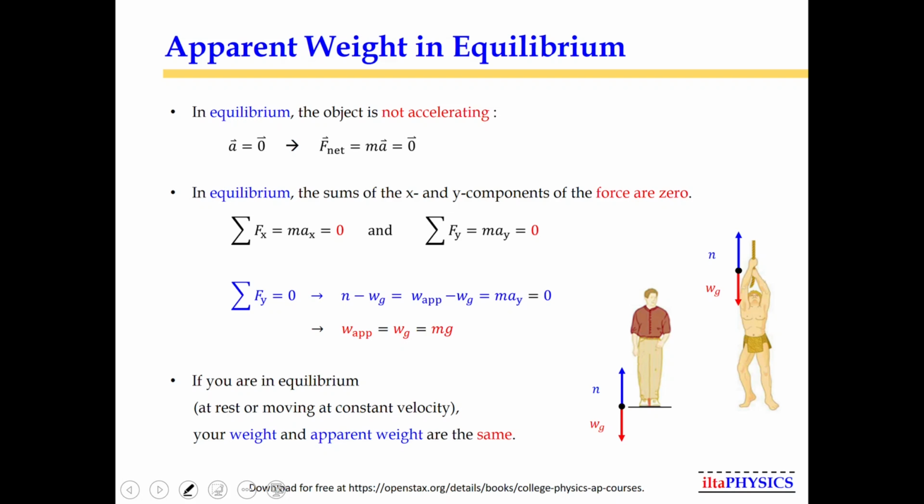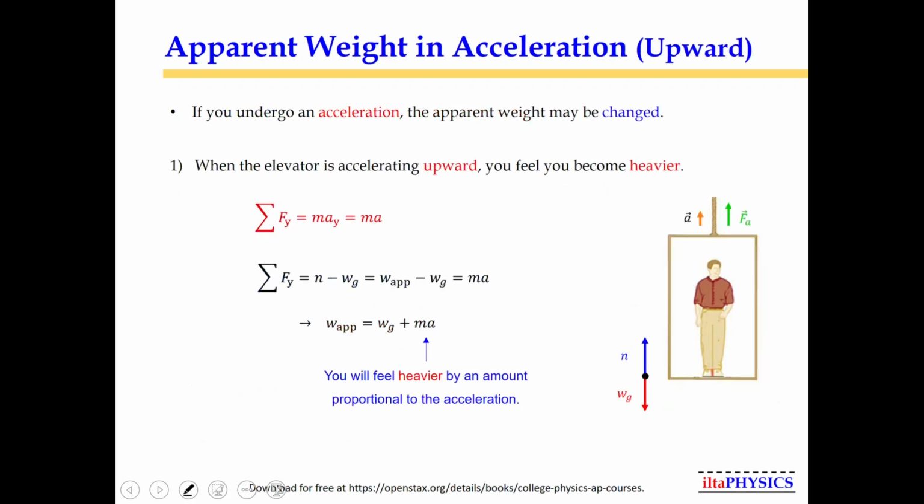Now, what if the object is accelerating? For instance, imagine you're in an elevator that's accelerating upward. We can apply Newton's second law again. F equals ma in the vertical direction. The net force in the vertical direction equals the object's mass times its vertical acceleration. In this case, since acceleration is upward, it's positive.